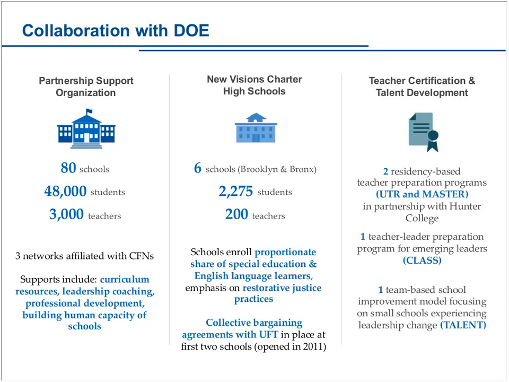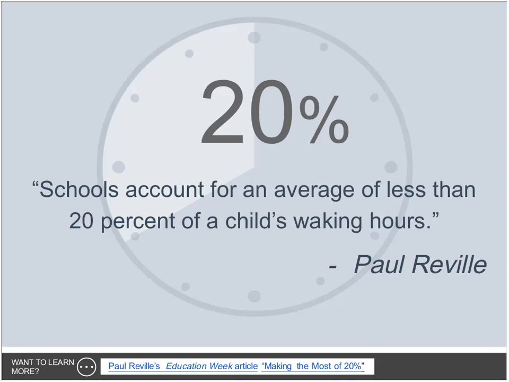So for the rest of this presentation, I'm going to be focusing on design considerations that support schools as high-performing organizations. Schools account for an average of less than 20% of a child's waking hours. This quote from Paul Reville, the former Massachusetts Secretary of Education and the current director of the Redesign Lab at Harvard Graduate School of Education, represents a really important moment of reckoning for all of us who are in education.